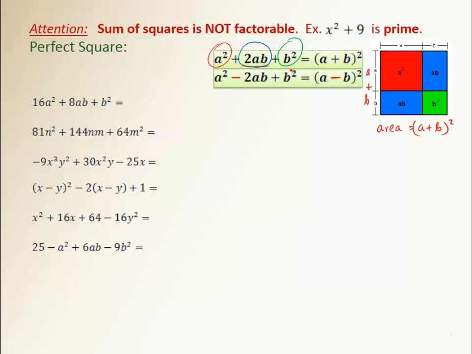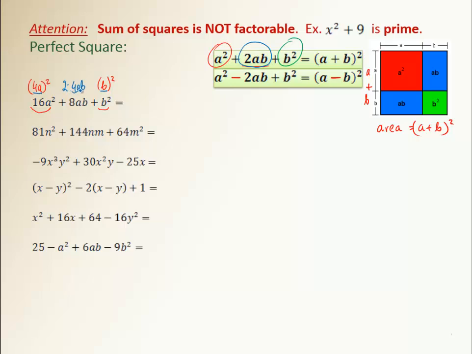In order to apply it, we actually need to train our minds to recognize the pattern of a perfect square. So as soon as you see a trinomial and the outside terms are perfect squares, like in this case, you figure out perfect square of what we deal with. This is 4a, and this is just b. Then you take your terms under the square, that means 4a and b, multiply them, and double it, because of the formula, double ab.